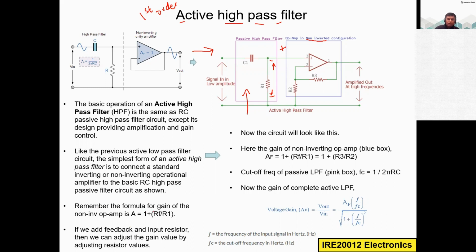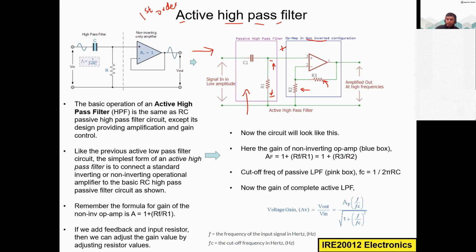So remember the formula of the gain of this non-inverting op amp. That is 1 plus RF divided by R1. So RF is this R3, R1 is this R2 in this circuit, according to these notations.